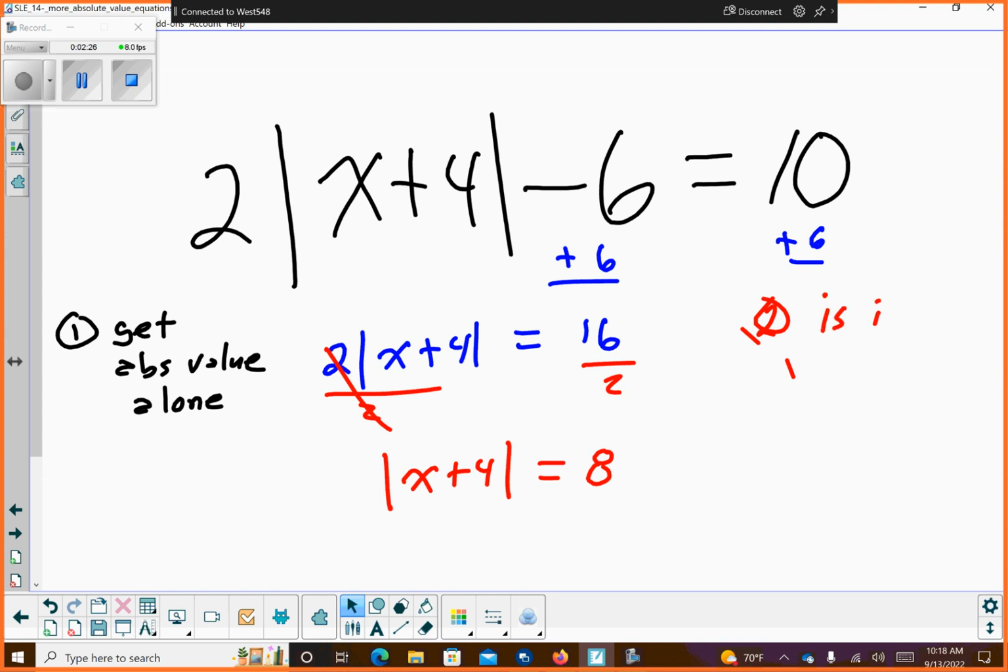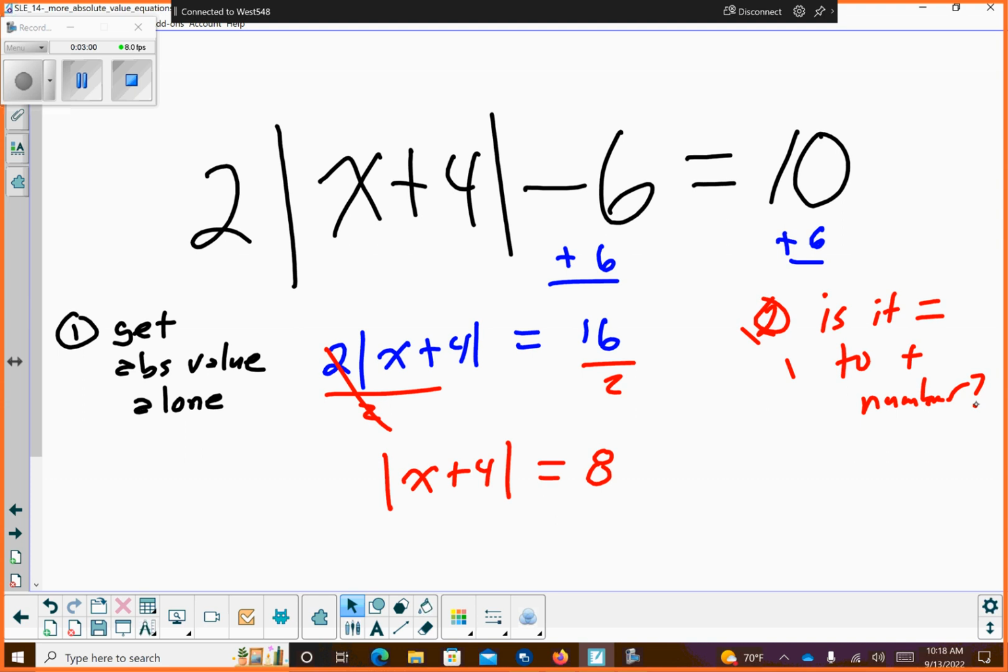Is the absolute value equal to a positive number? Is the 8 positive? Okay. The 8 is positive. That means we can solve it. If the 8's negative, what can you automatically conclude? If this was a negative 8 right here, what would the answer have to be? No solution.